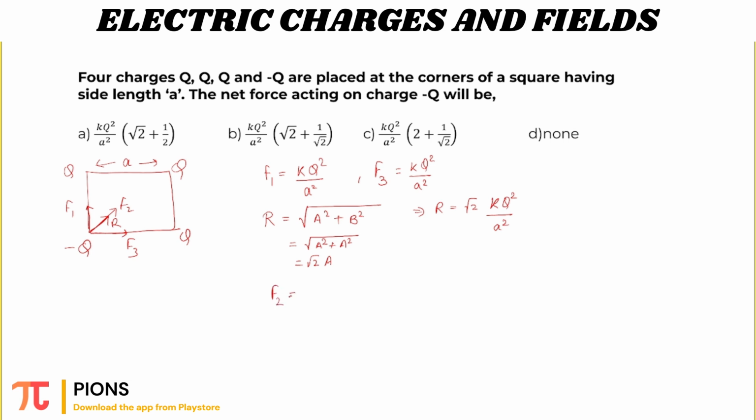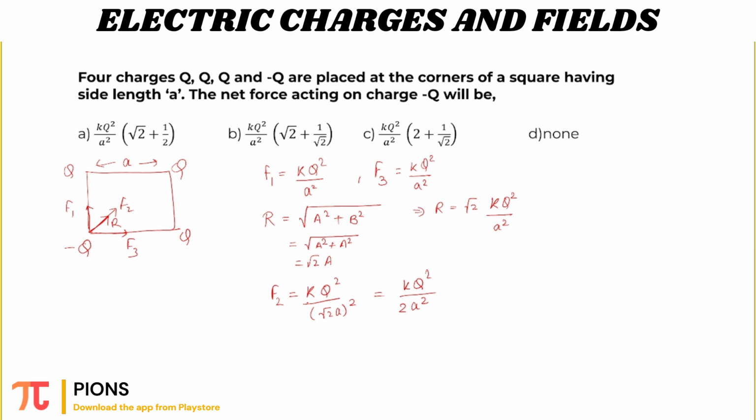So F2 is nothing but K, first charge is Q, second charge is minus Q, so K Q square whole divided by the separation between this minus Q and that minus Q. Now there you need simple Pythagoras theorem, so you can write it as root 2A. That's the separation between minus Q and that plus Q. So this whole square, which will give us K Q square over 2A square, right?